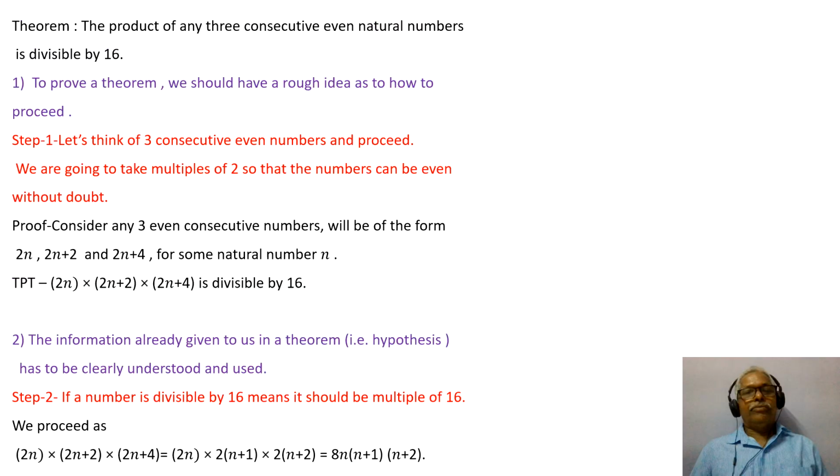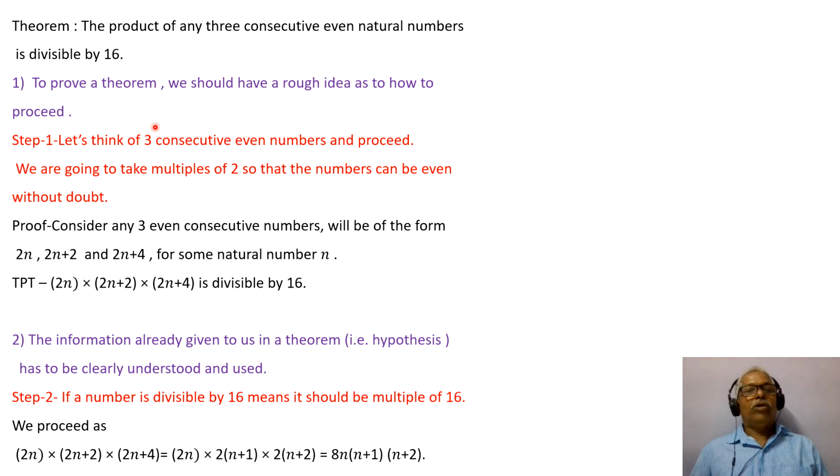For example, our third theorem: the product of any three consecutive even natural numbers. They are even numbers, they are natural numbers, and consecutive even natural numbers. So every word is important. The product of any three consecutive even natural numbers is divisible by 16.